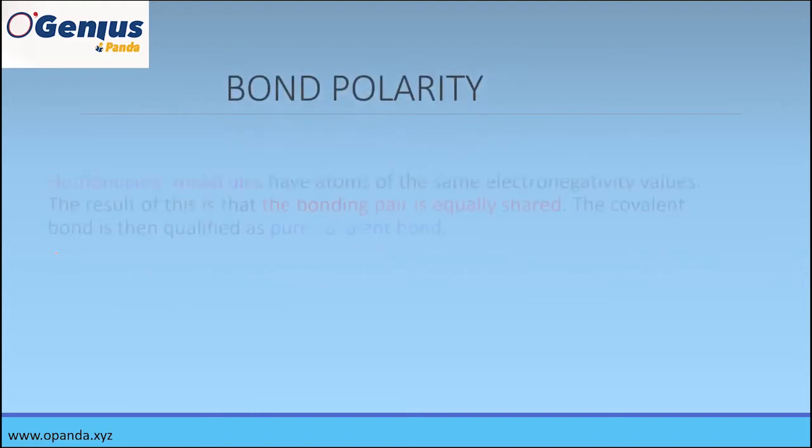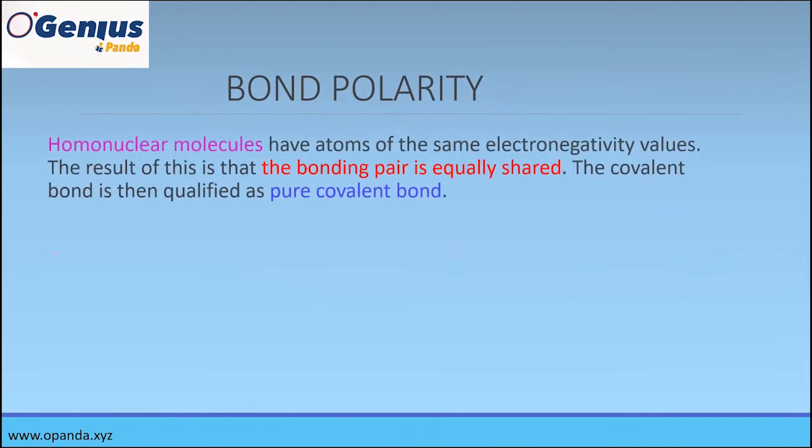What is bond polarity? As I said, when we have molecules which are homonuclear, to mean molecules formed by the same atoms, it means that they have the same electronegativity values, and then the bonding pair will be equally shared. And that bond, we call it a pure covalent bond. Let's take the example of the nitrogen molecule.